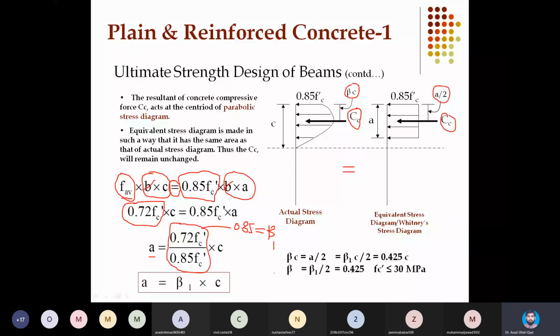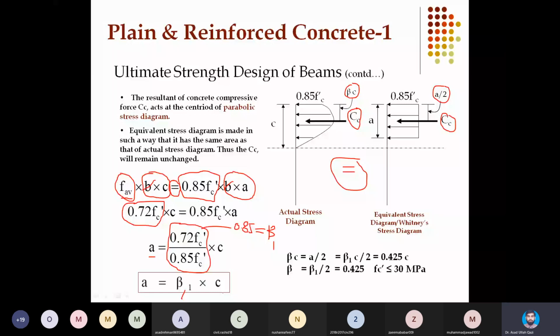So we got this powerful relationship that both pictures are equal when a is equal to beta 1 c, and beta 1 will be 0.85 up to 30 megapascal concrete. However, for higher grade concretes, I need to re-evaluate beta 1 in order to make these two pictures equal. Up to 30, this 0.85, and the equation a equals 0.85 c, is valid.